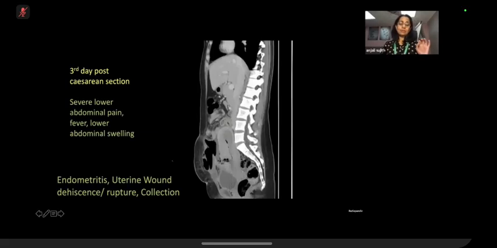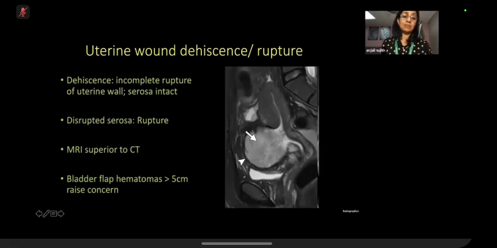Okay, so just to let you know the difference between a uterine dehiscence and rupture. Dehiscence is an incomplete rupture of the uterine wall. The myometrium would look discontinuous, but the outermost serosal lining, which will look hypo-intense, will remain intact.